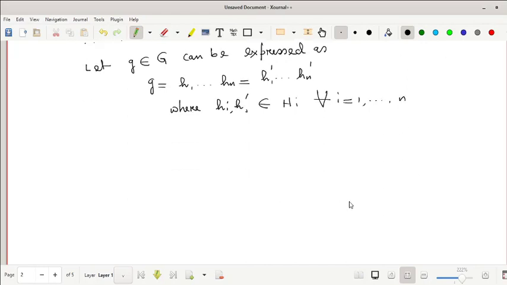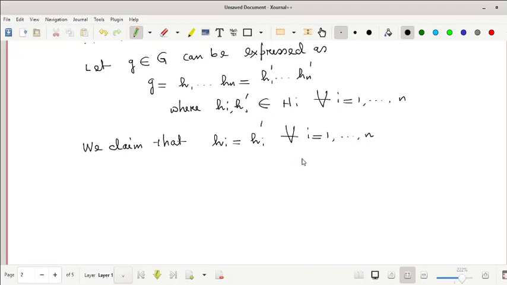What is our claim? We claim that hi equal to hi prime for all i goes from 1 to n.